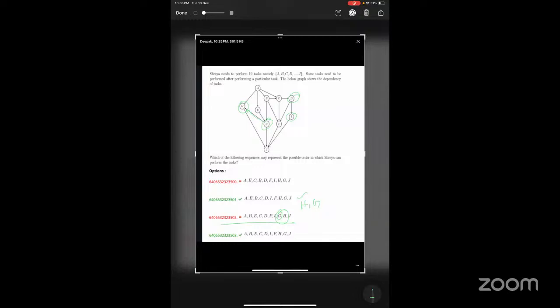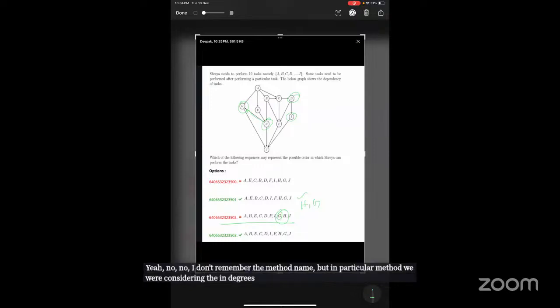But ma'am, in topological order, we have to remove the vertices level by level. Okay, so you are saying it is a particular method, right? Maybe the DFS method? Not DFS, ma'am. I don't remember the method name, but in a particular method we were considering the in-degrees and then removing the vertices.